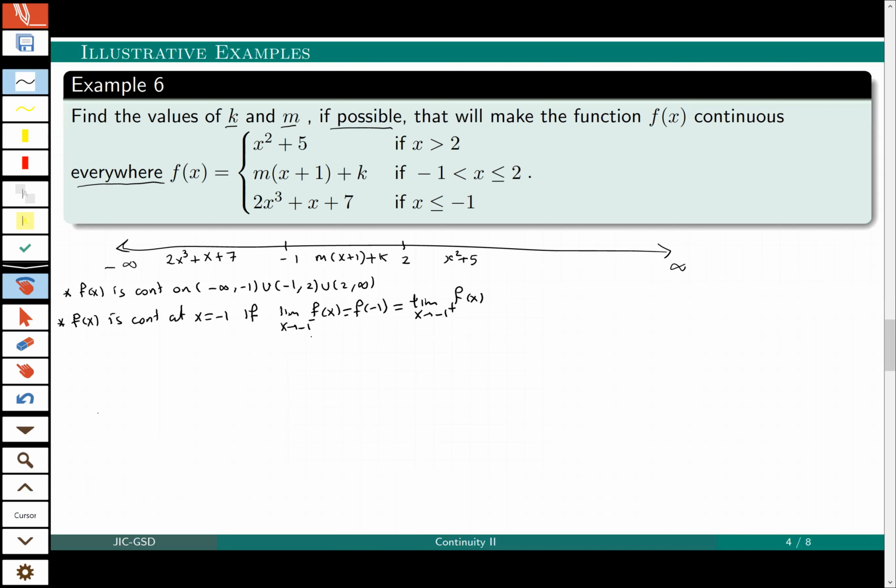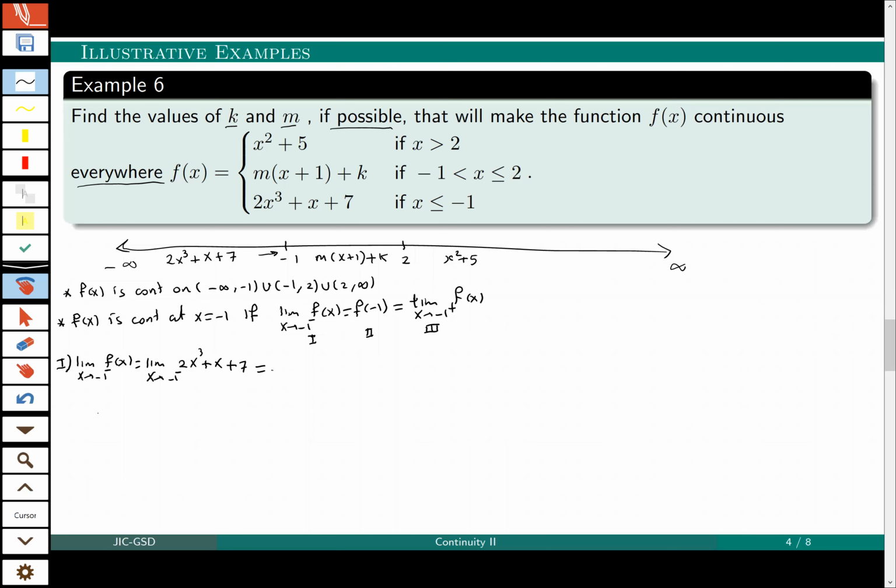Now I need to calculate 1, 2, 3. The first one, where I want to find the limit when x goes to -1 from left, my function is 2x cubed plus x plus 7.